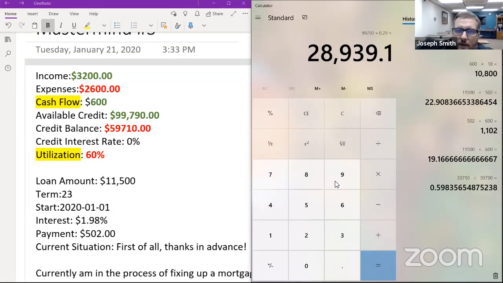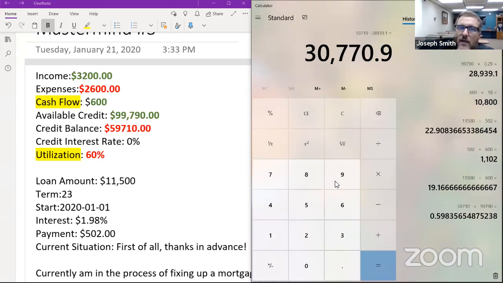So if we take our $59,710 of debt and subtract $28,939.10, that means we need to reduce our total balance by $30,770.